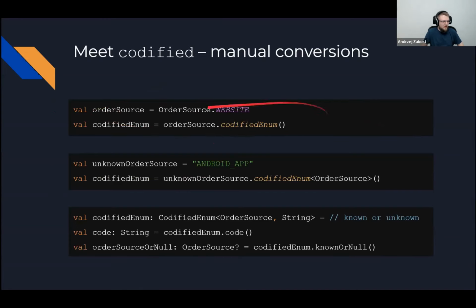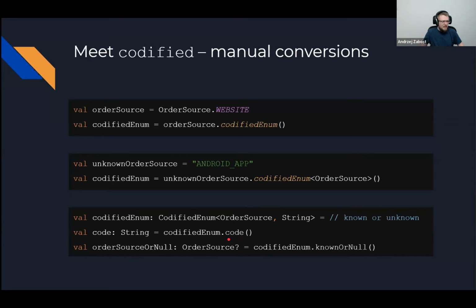In the first example, we have an enum, and using this extension function, we can convert it to CodifiedEnum. In the second example, we have a string, and using this extension function again, we can convert this string into an unknown CodifiedEnum. And then when we have this CodifiedEnum, we can also access very easily the code of this enum, regardless of whether it was known or unknown before.